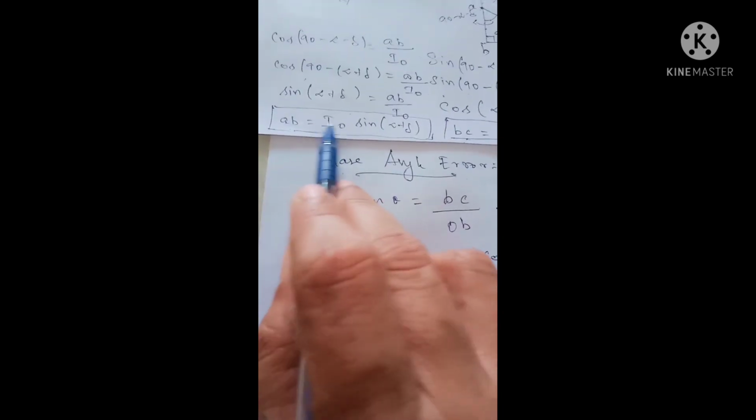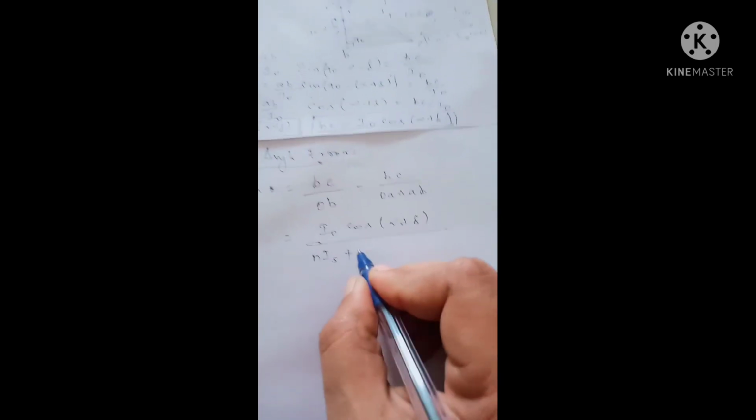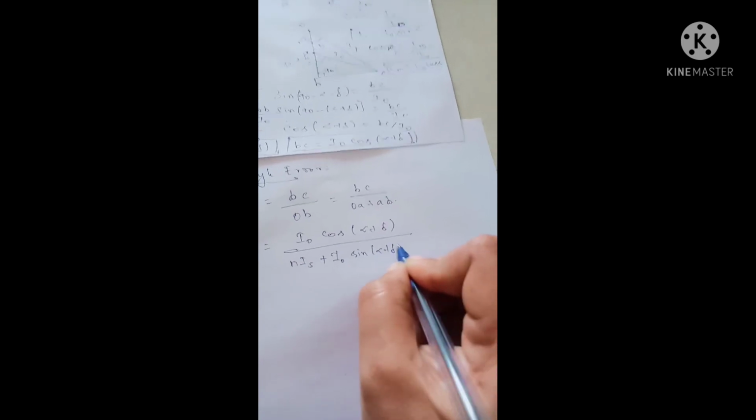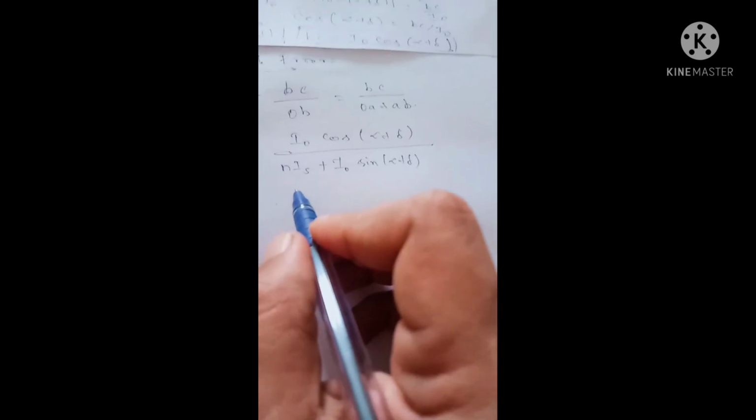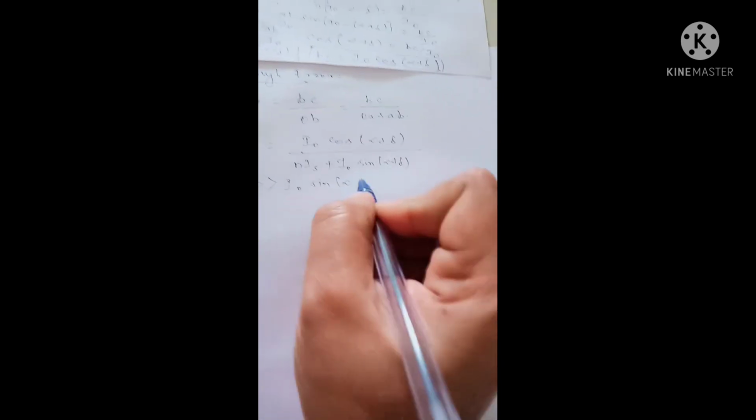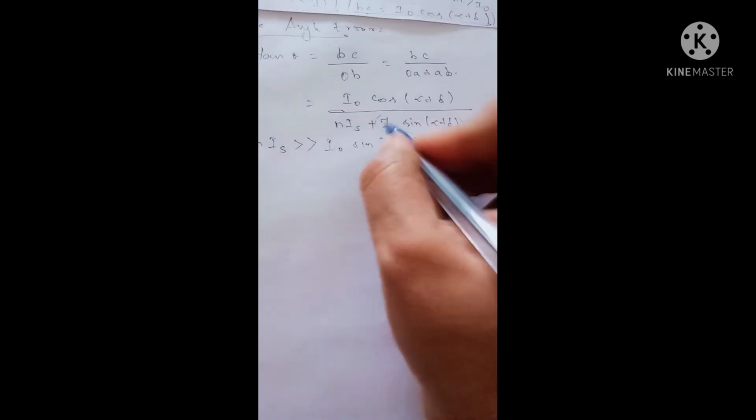AB is I naught sine of alpha plus delta. Compared to this, NIS will be very much greater than I naught sine of alpha plus delta, so I am eliminating this term.